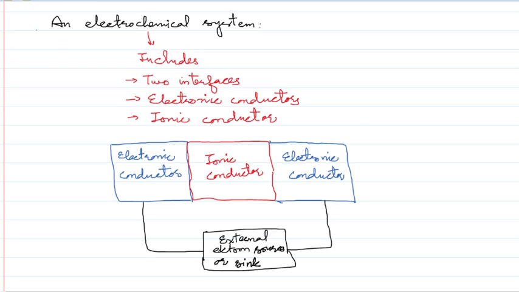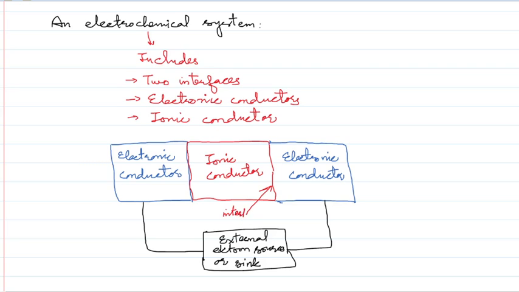Okay, now this ionic conductor is separated from, or is in contact with, these electronic conductors, and this will be simply the interface. So this is the interface, that means the surface which separates ionic conductor from electronic conductor.